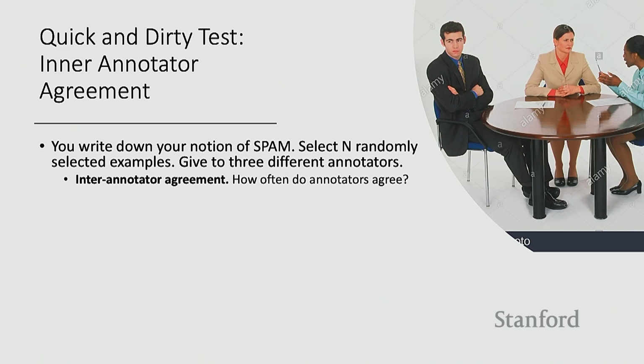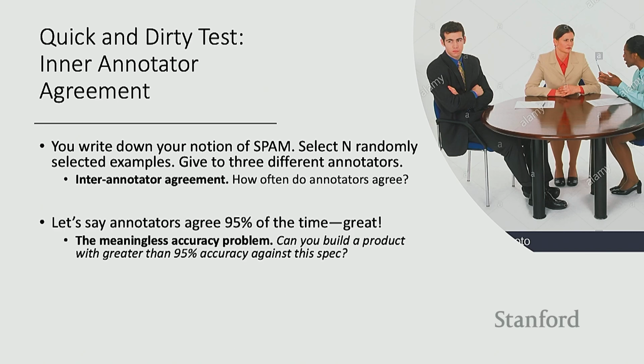Often you don't really get that high of agreement. You don't get 100% agreement. In many cases, people's interpretation of the same definition would be different. And let's say you have 95% agreement. I think that's already considered to be great.